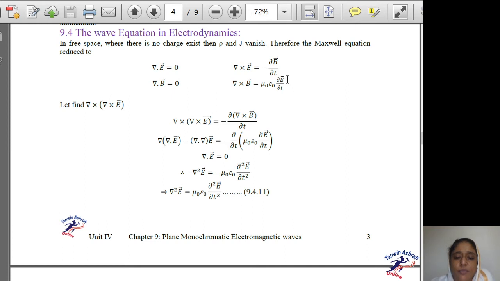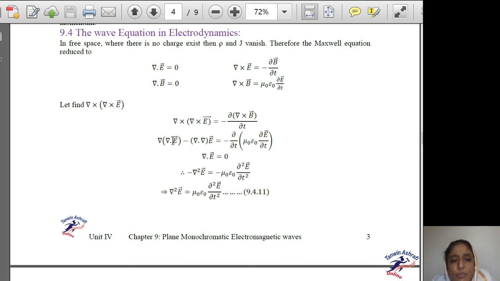Now we will find del cross del cross E. Del cross E is minus del by del t of B, so we get minus del by del t of del cross B. Now, del cross del cross E, by vector analysis, is gradient of del dot E minus del squared E, and this is equal to minus del by del t of del cross B. Now del cross B is nothing but mu naught epsilon naught del by del t of E. We will substitute this value.